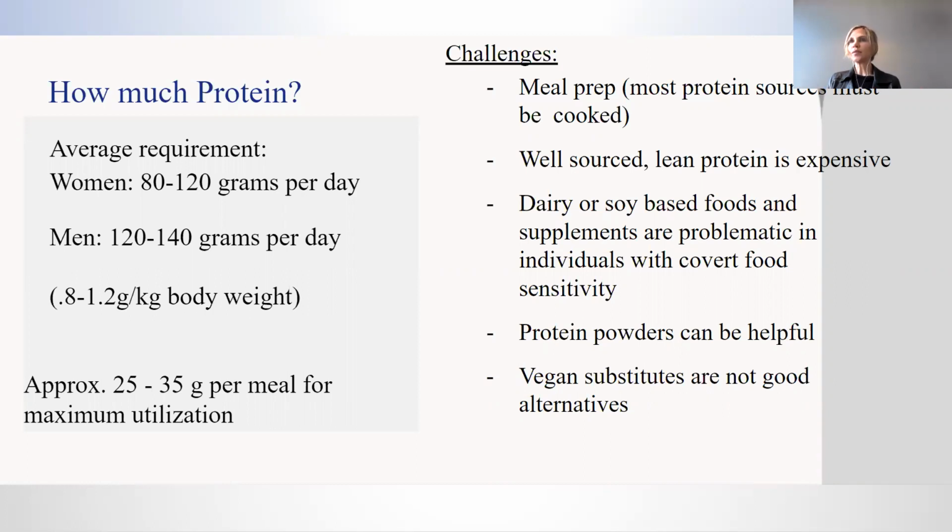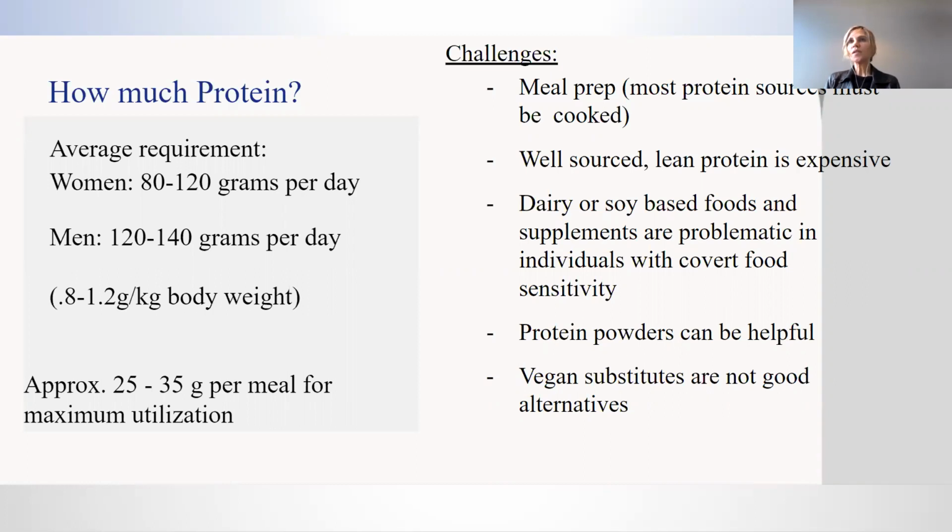Lean protein is relatively expensive, but I say buy the really fresh organic because animals these days are eating a lot of different things that they shouldn't be eating, very inflammatory foods, and a lot of them are living on antibiotics because of infections and things like that. So definitely make sure you're choosing the healthy organic brands. And I know it's a little more expensive, but it will be worth it in the long run.